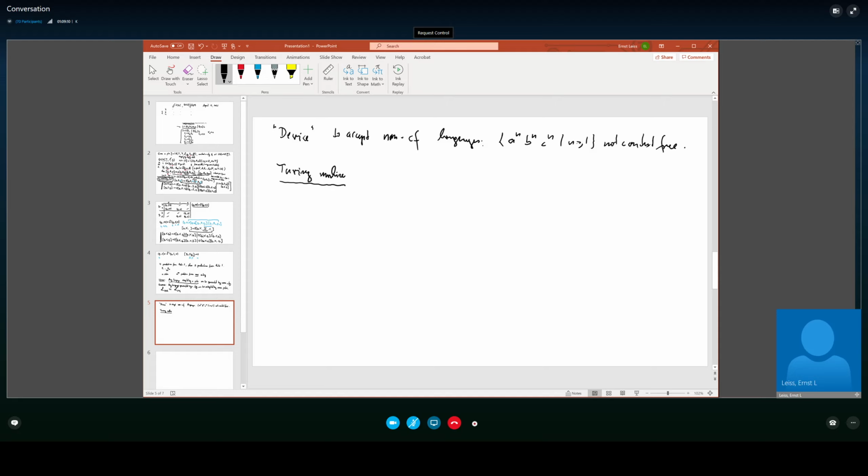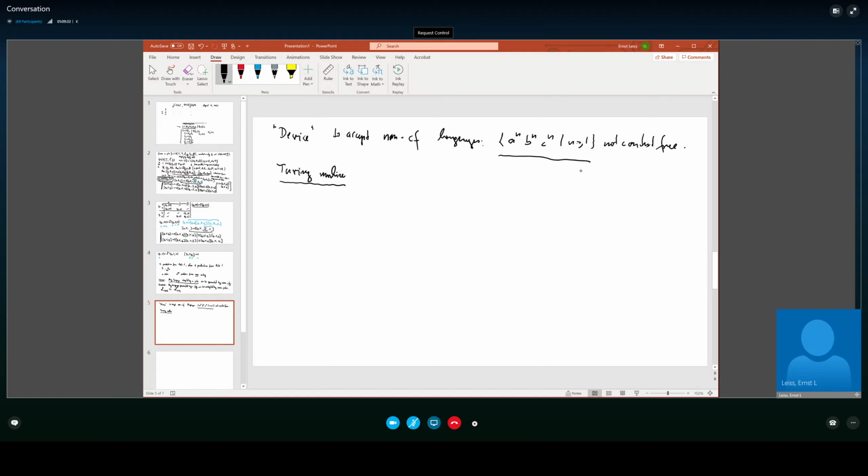But as you see, this language is not accepted by a push-down automaton, and therefore that stack is insufficient to deal with this language.